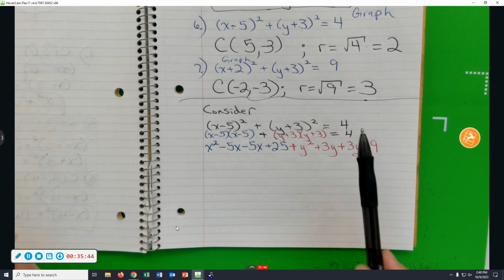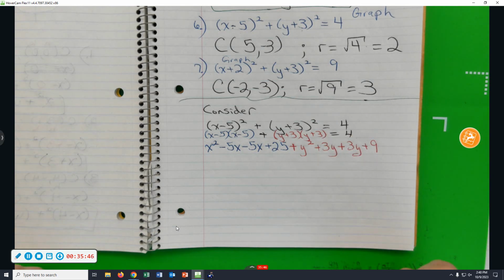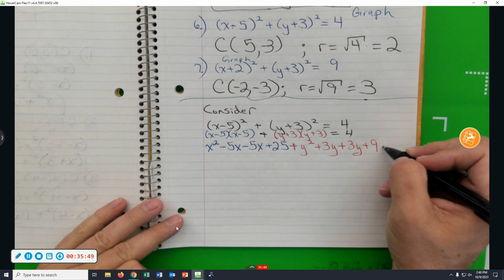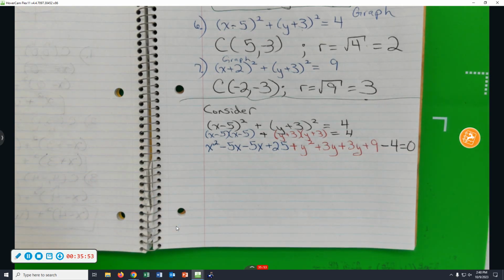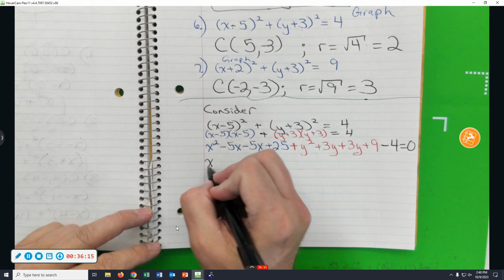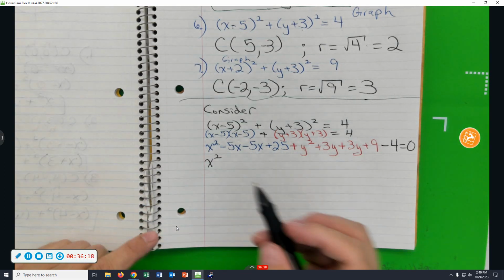Let's suppose we decided to move this 4 over and get the thing set equal to 0. We would say minus 4 equals 0. We have some like terms here we can combine. We also have two different variables, x and y. Let's arrange the terms in descending order based on powers and put them alphabetical. X comes before y, so we'll have an x squared plus a y squared.